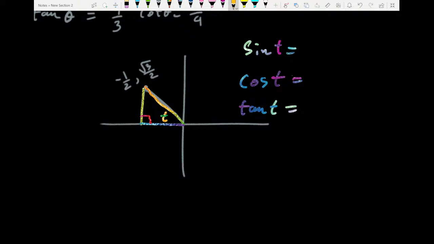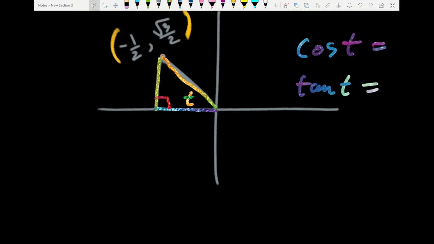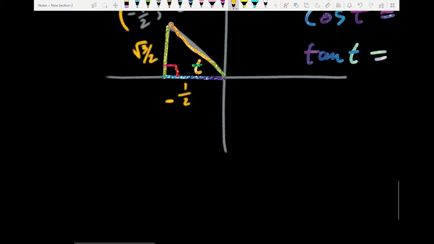So you have to ask yourself first, given that this is X and Y, what are the lengths of those sides over here? So negative 1/2, that's the X value. The Y value would be square root of 3 over 2. How do you find the length of this side? That one is very simple.